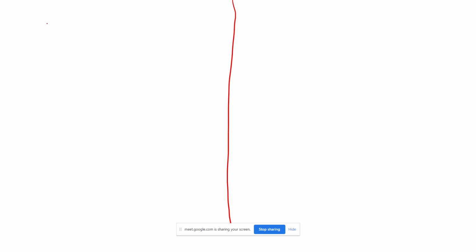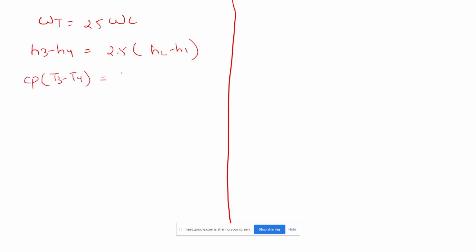Now what they have given in the problem is that turbine work is equal to 2.5 times the compressor work. So what is the turbine work here? We can write turbine work as H3 minus H4 is equal to 2.5 times H2 minus H1. Assuming per kg of air entered, we can write Cp into T3 minus T4 is equal to 2.5 times T2 minus T1 into Cp also.